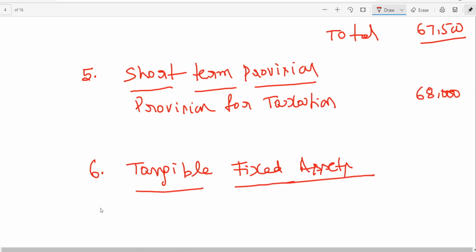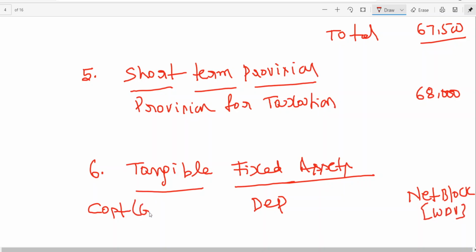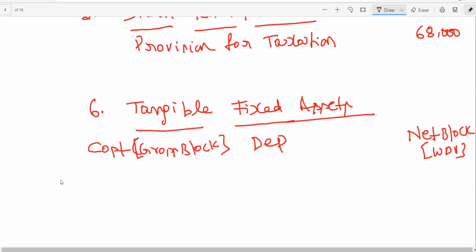I have told you cost, depreciation, cost is gross block. Since we don't have any additions, the chart is not required. Simply write the name of the asset.